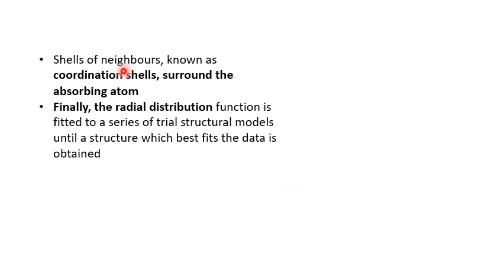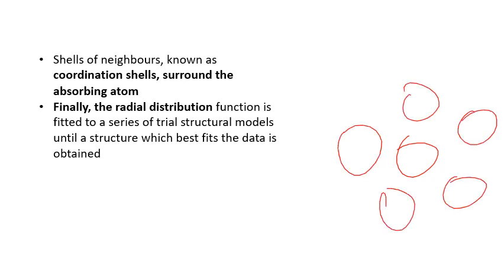Shells of neighbors, known as coordination shells, surround the absorbing atom. For example, this is the absorbing atom, and the other shells of atoms surrounding it are known as coordination shells. The internuclear distance between the absorbing atom and the surrounding atoms, when plotted, is called the radial distribution function.